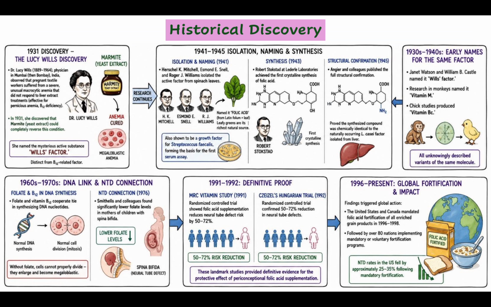These findings triggered global action. The United States and Canada mandated folic acid fortification of all enriched grain products in 1996 and 1998, followed by over 80 nations implementing mandatory or voluntary fortification programs. NTD rates in the US fell by approximately 25 to 35% following mandatory fortification.